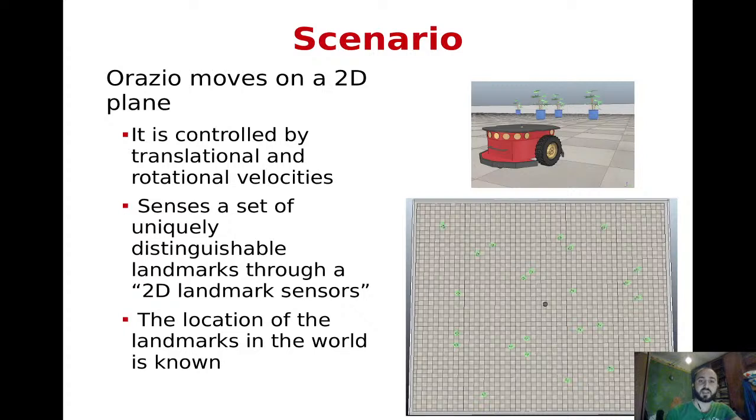So if you see the same point from a different position, it can recognize that it's actually that specific point and not a 2D point in general. The environment is a 2D grid, and we have the 2D locations of these different landmarks, and the location of those points is known at any point in time. Okay.